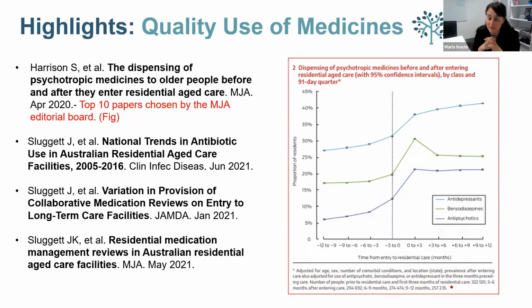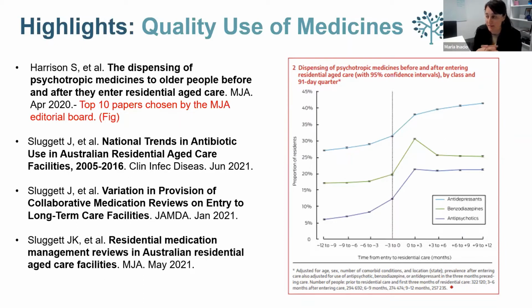Some of the work that we had started, and then the Royal Commission actually asked us to provide to them, which they used for their interim report, was around the dispensing of psychotropic medicines for individuals once they've entered residential care, because I think there was a common belief that there was quite a substantial increase once they've entered care, although there were individuals that said, well, they had already been on them prior to entering care. So we did that analysis in quite a bit of depth.